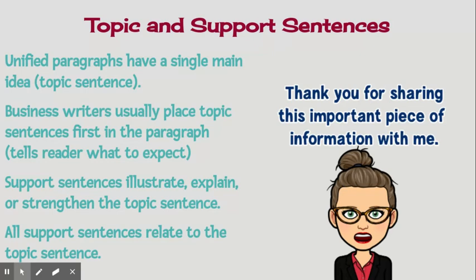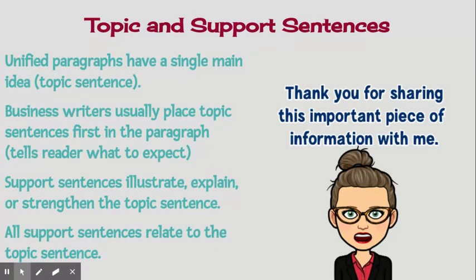Now, in most cases in writing, the topic sentence could appear at the beginning, in the middle, or at the end of a paragraph. However, business writers who want to make their main idea clear tend to put their topic sentences as the first sentence of the paragraph. This lets the reader know what to expect and helps them understand the paragraph's central thought immediately.